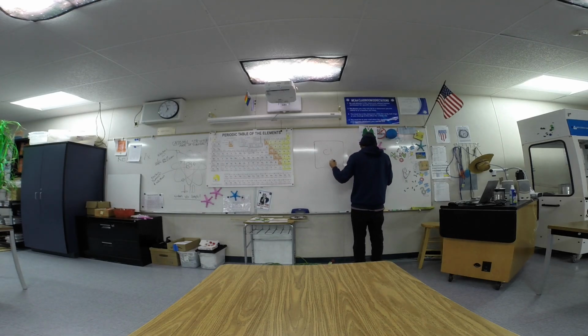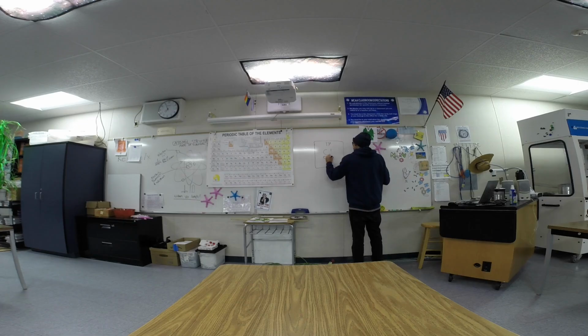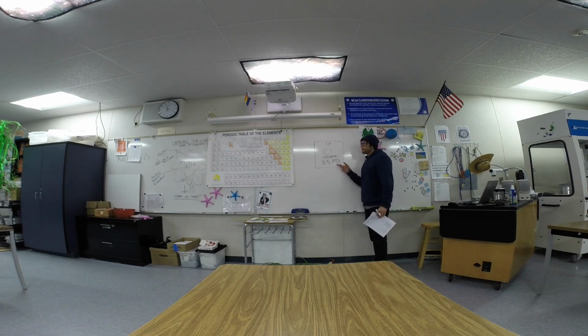Chlorine has an atomic number of 17. That means you've got 17 protons. And it's got an atomic mass of 35.453. So this is a big area of confusion.